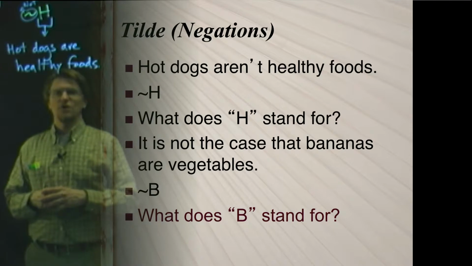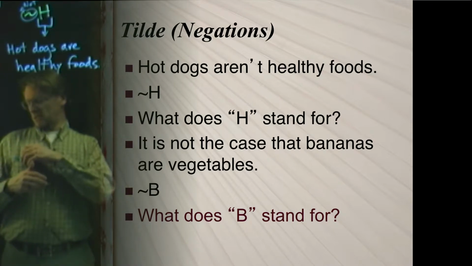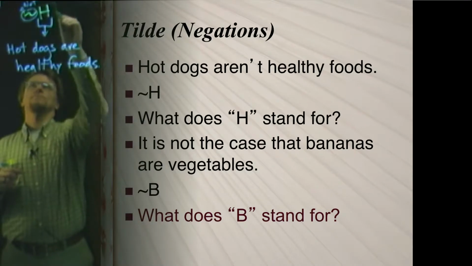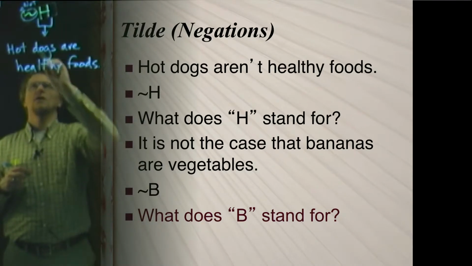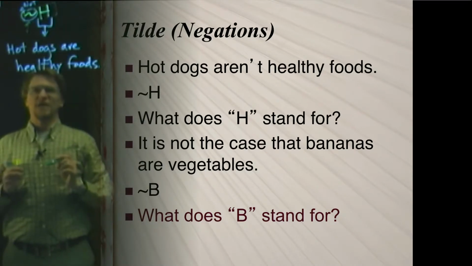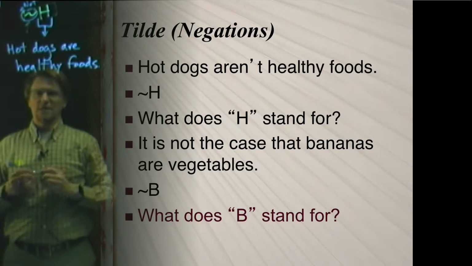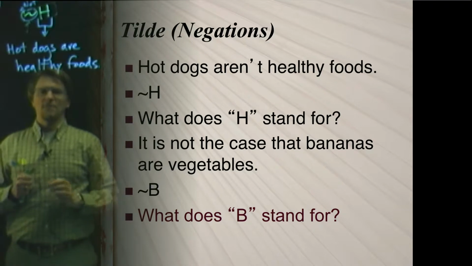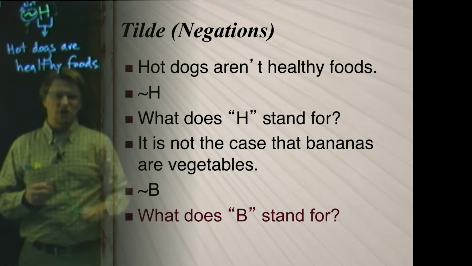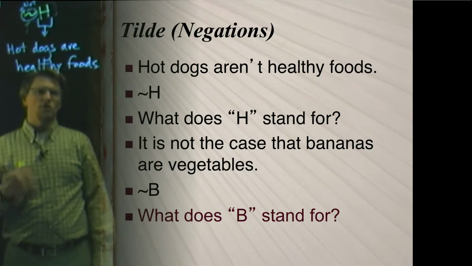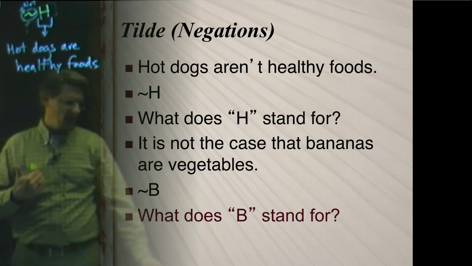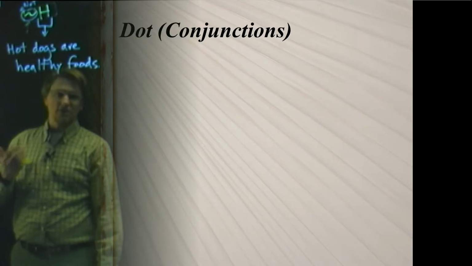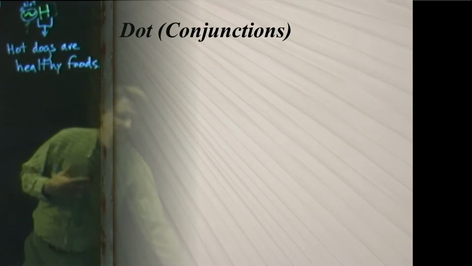One other thing here to note is that, as you see, the tilde is coming on the left-hand side of that uppercase letter. And you see that here with regard to tilde B as well. That's a convention that we use in propositional logic. These tildes are always going to come on the left-hand side of whatever they apply to.